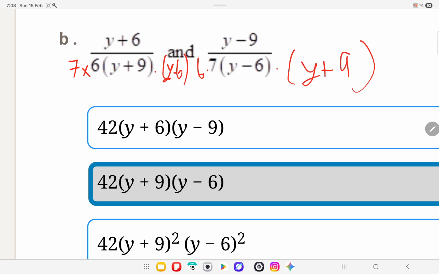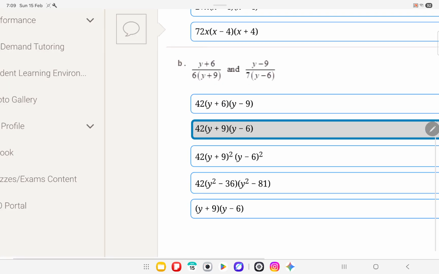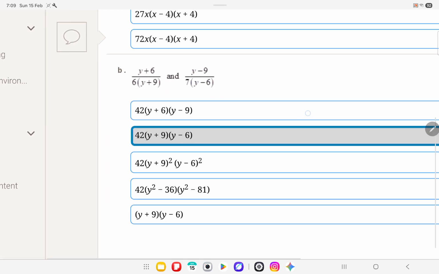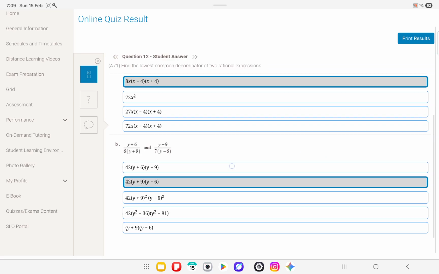So the simplified answer would be, both of them would be 42 times y plus 9 times y minus 6. And this is the answer. So we're just making them the same by adding what's not in each denominator.